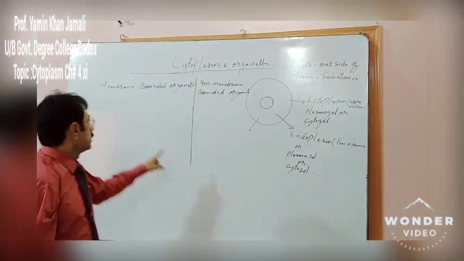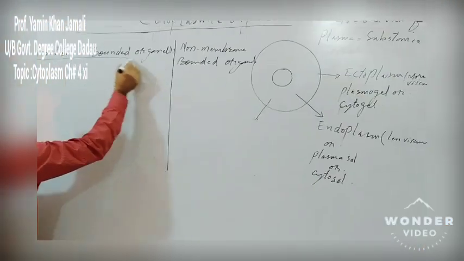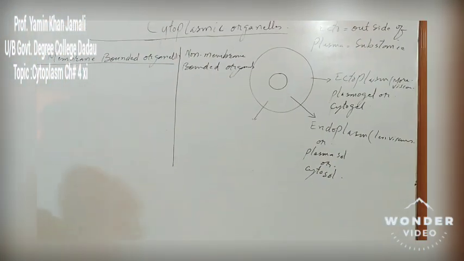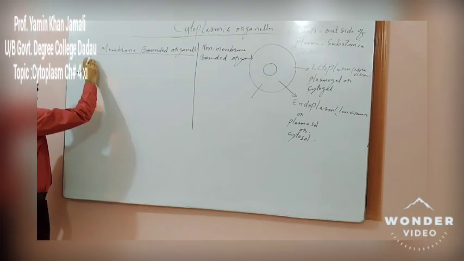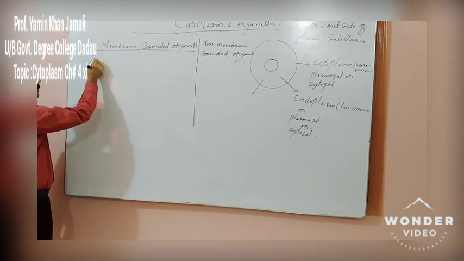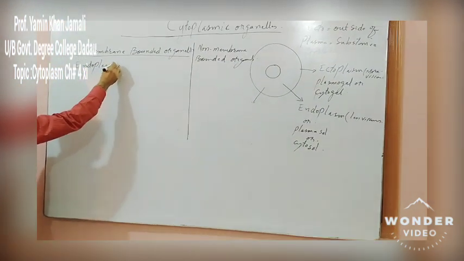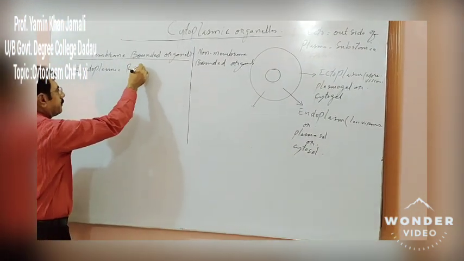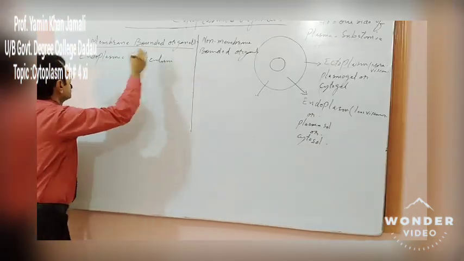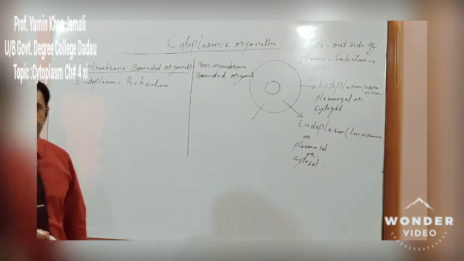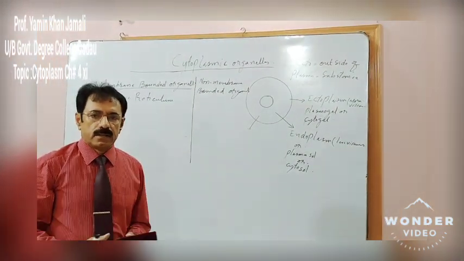Let us see number one, membrane bounded organelles. Dear listeners, the membrane bounded organelles include endoplasmic reticulum, mitochondria, Golgi bodies, plastids, and others.